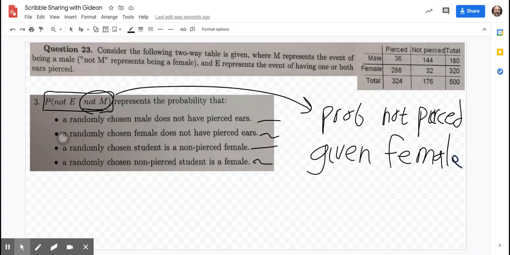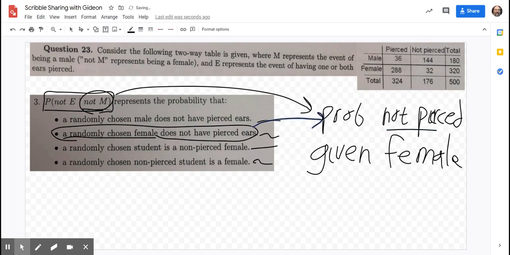Randomly chosen female, okay, that's good. Randomly chosen student, randomly chosen male, randomly chosen non-pierced. This is the only one that has the capacity to be the answer. Let's just double check. Is it actually asking the probability of being not pierced? Does not have pierced ears? So we get a perfect match here. Not pierced ears is the question, and then randomly chosen female.